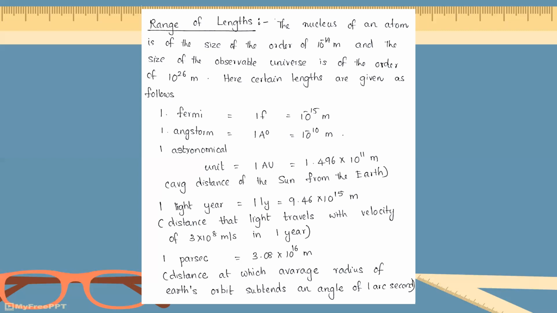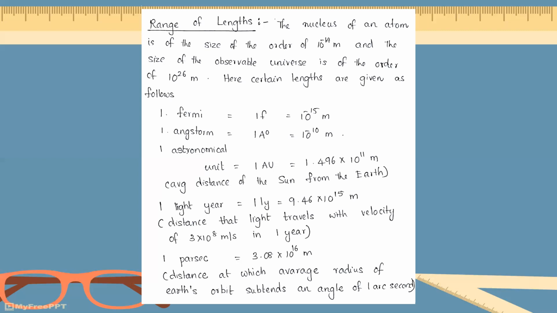Then 1 light year is equal to 9.46 into 10 to the power of 15 meters. What is 1 light year? It is the distance that light travels with the velocity 3 into 10 to the power of 8 meters per second in 1 year.